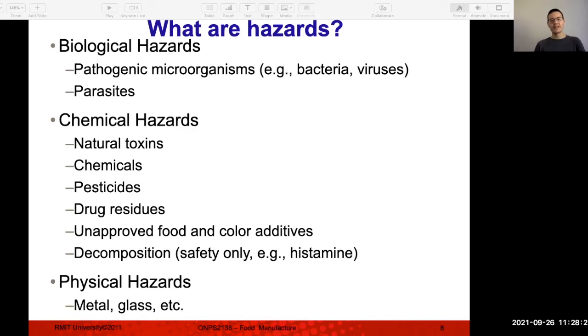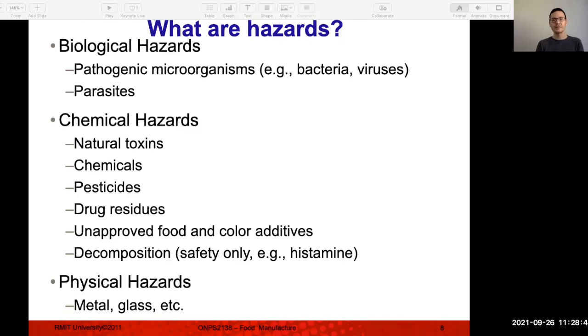And then there's decomposition, which results in safety issues only. So in that particular case, if we have some compound which is decomposing into another one. Now, physical hazards are all about the actual presence of a physical material.